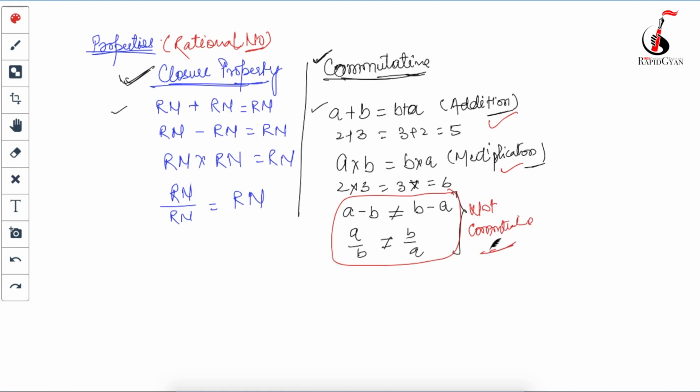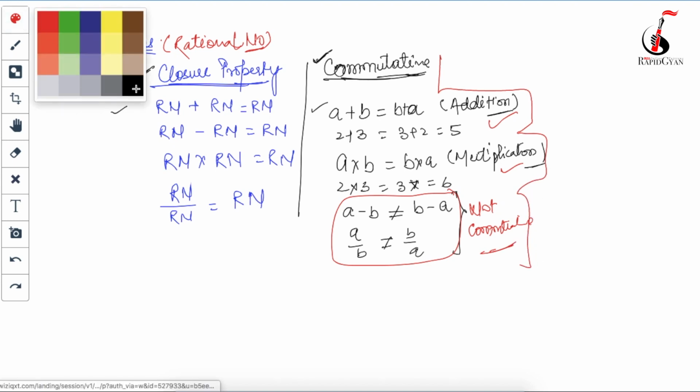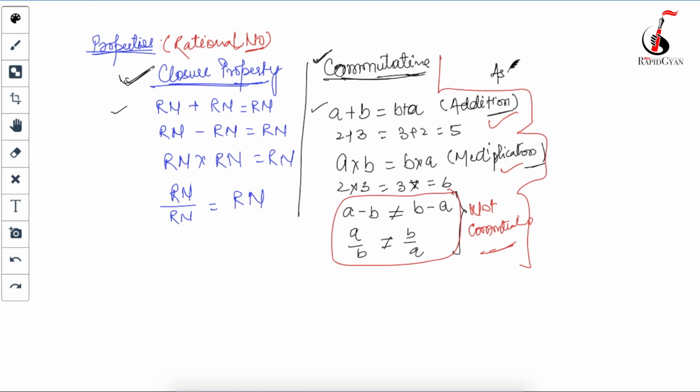Okay. Now the next property I am going to talk about is the associative property. Which property, beta? We'll just discuss the associative property. So what do you mean by associative property? Associative property says that if I change the grouping, as you might have studied in the BODMAS rule, a plus in bracket b plus c will be equal to a plus b plus c.